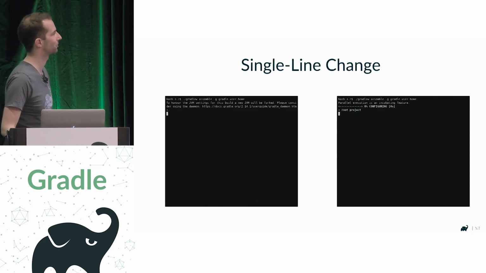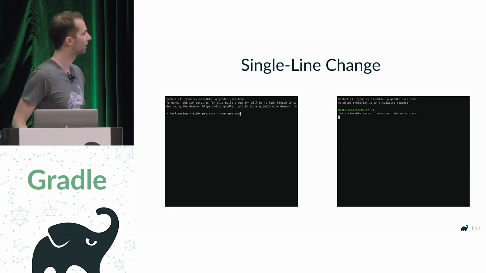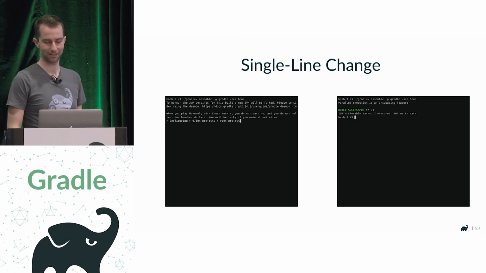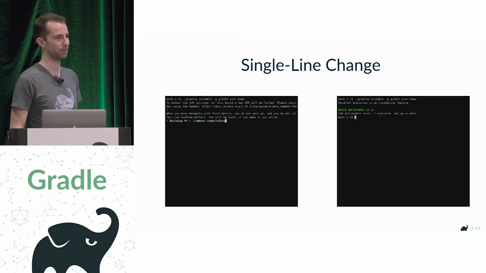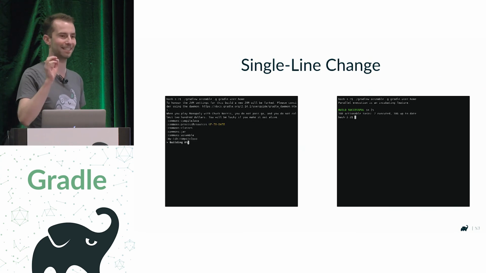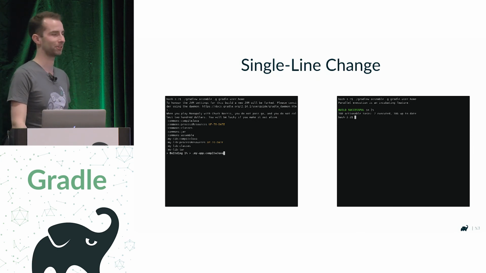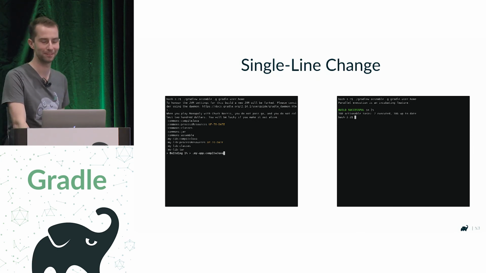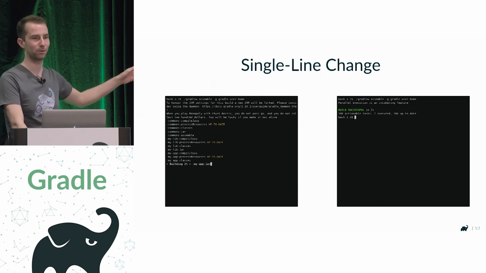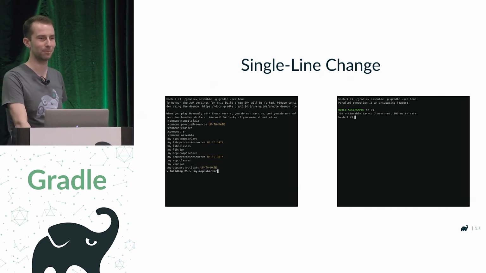A single line change. How much would that take? 2 seconds with the optimized version. We're just recompiling exactly what is needed and nothing else. Whereas on the left-hand side, well, I almost want to click to the next slide because this is so painful. We're going to rerun almost everything just because there were some evil timestamps in there.